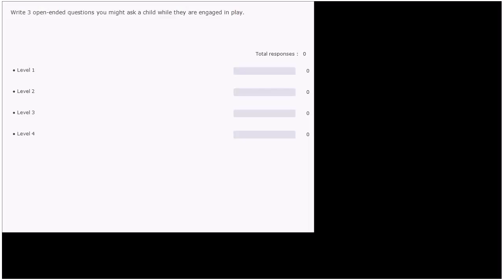Write 3 open-ended questions you might ask a child while they are engaged in play. So I hope you can see at this point, at the end of a workshop on learning about open-ended questions, you should be able to ask on your evaluation for them to list 3 examples of open-ended questions.